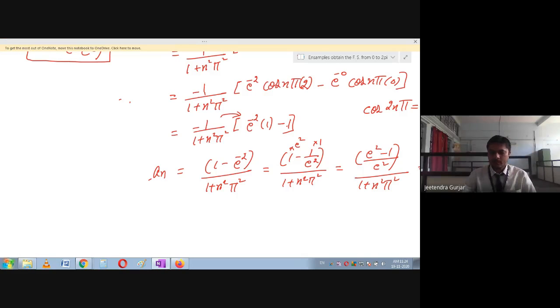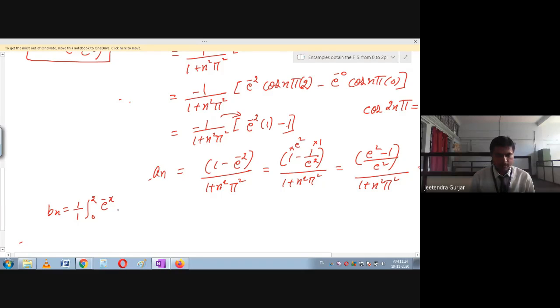So bn is equal to, L is 1, so I have taken this as 1 only. Then integration over our interval, so substitute 0 to 2. f of x is e raised to minus x.